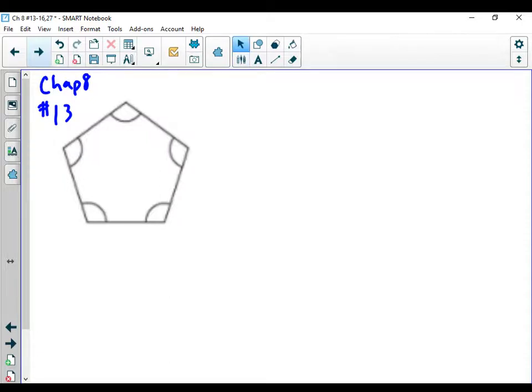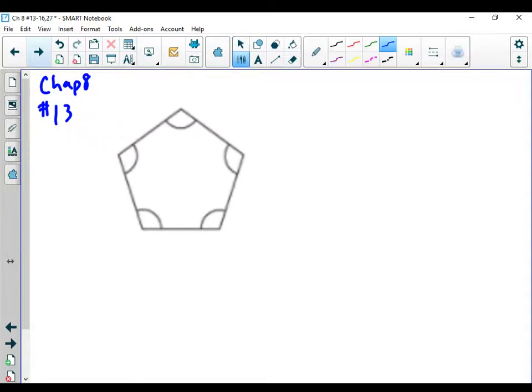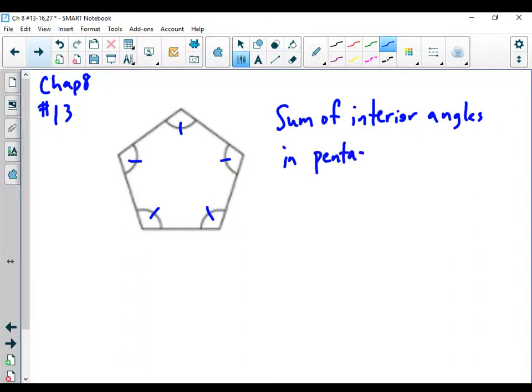What you're asked to do on this one is I want to know what would be the total sum of the interior angles in this 1, 2, 3, 4, 5-sided figure. So we have this pentagon. Not only is it a pentagon, it's a regular pentagon. Or in other words, all the sides, all the angles are the same.